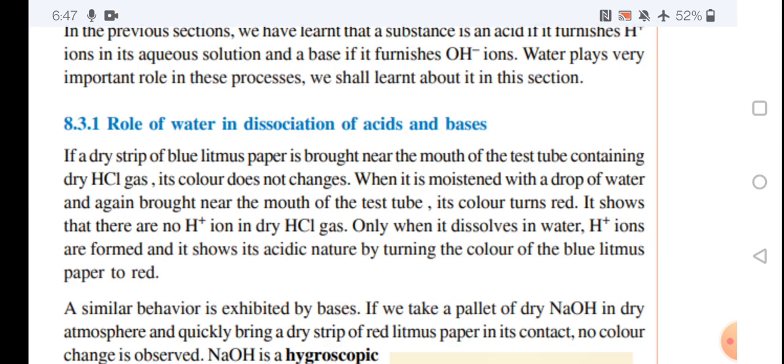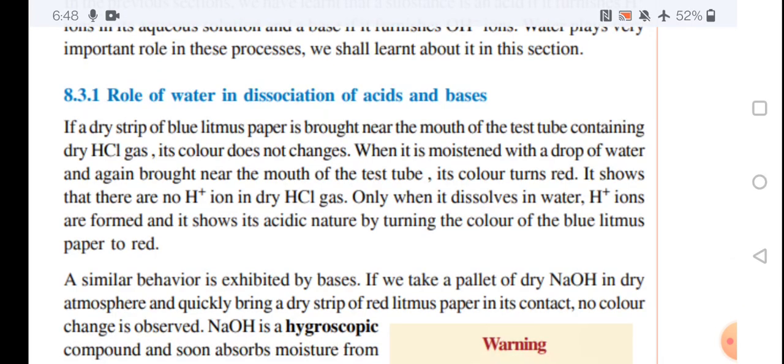If we use a moistened strip of blue litmus paper, it shows a reaction: it turns blue into red. So that means, for acids to show their acid property, we need water.